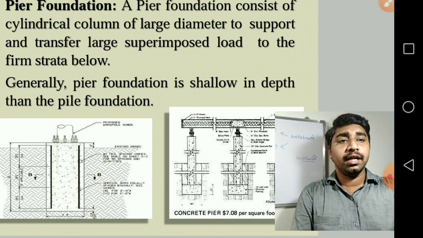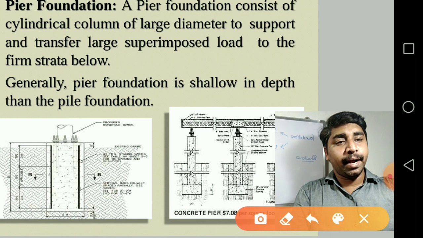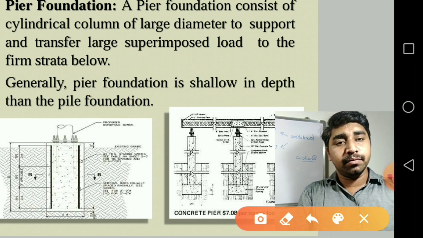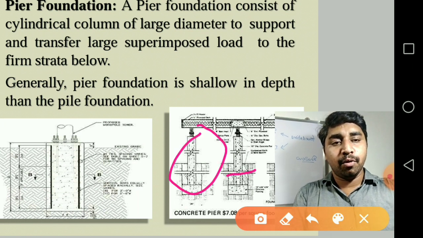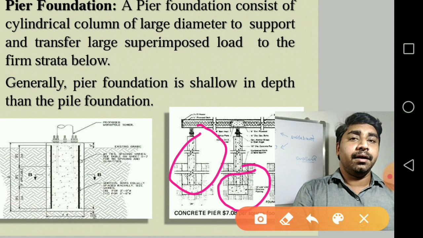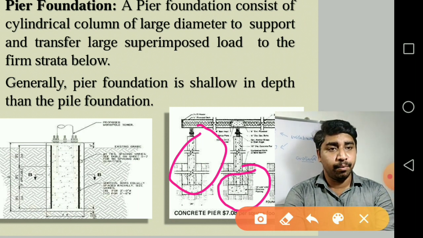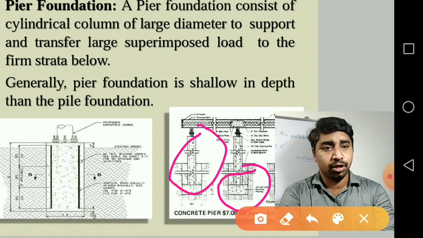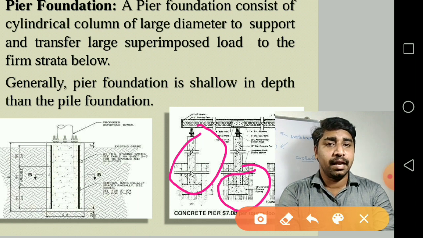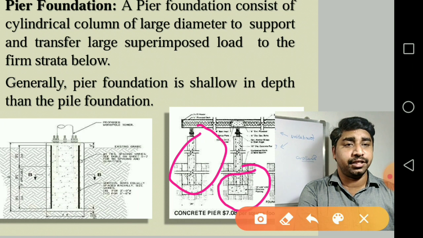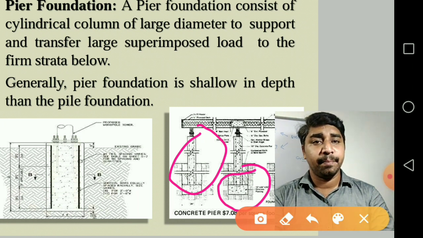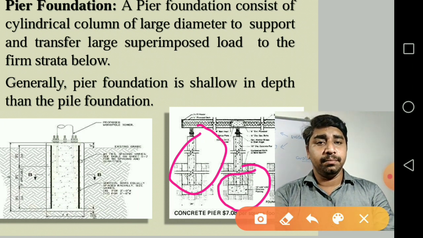So not only the pile or the shaft or a column for load distribution, at the bottom we'll have a bell mouth, a bell shaped mouth. That is why it is called pier foundation. It resembles a pier of the column.